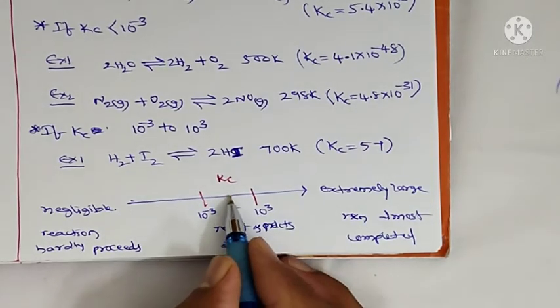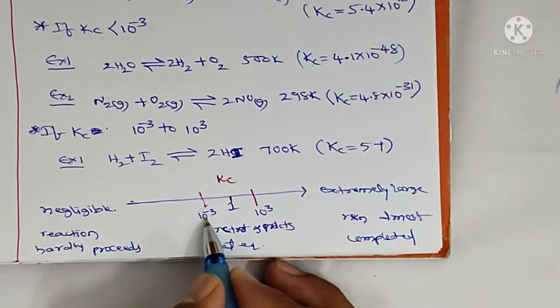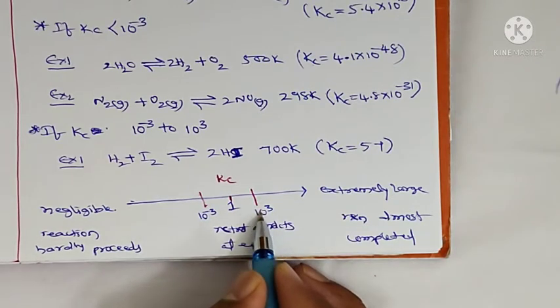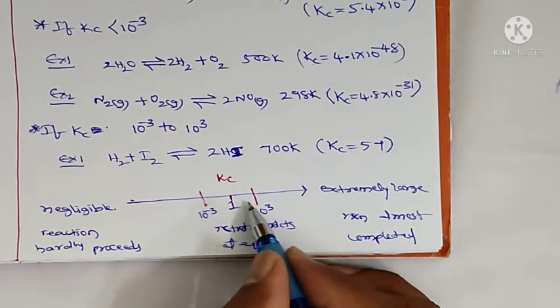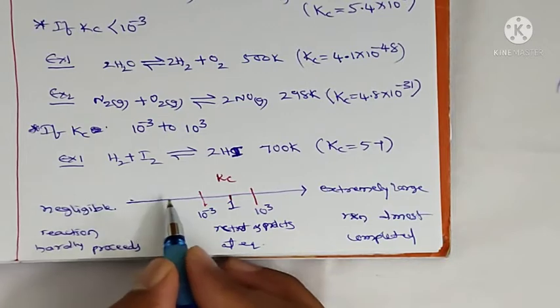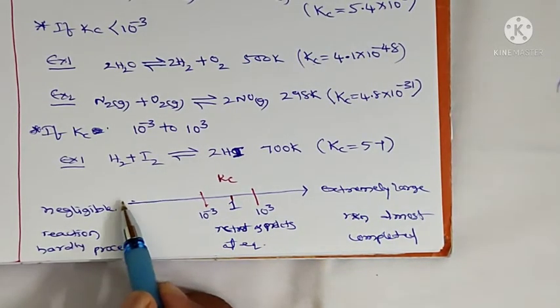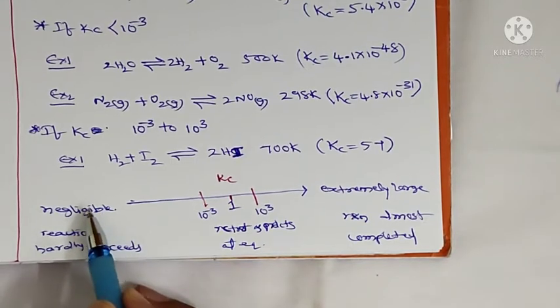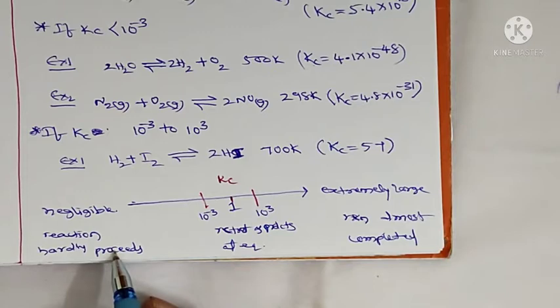Here at this point the Kc value is 1, and here the Kc value is 10 to the power of minus 3, and here the Kc value is 10 to the power of 3, and at the right side the value is more, and at the left side the value is less. If the Kc value is very less, almost negligible, the reaction hardly proceeds.